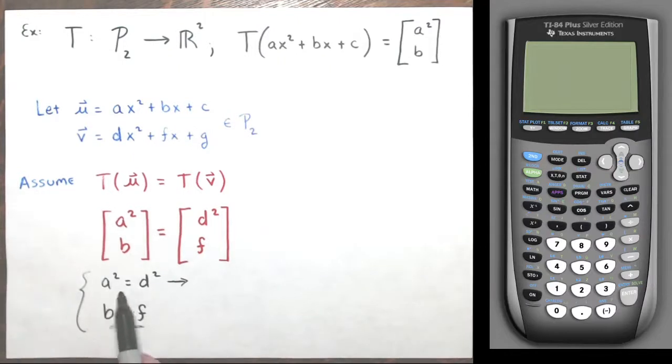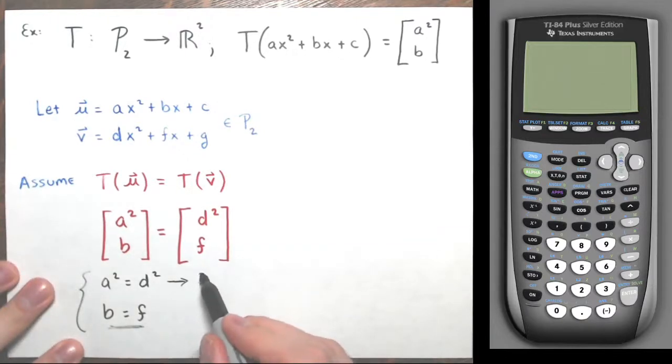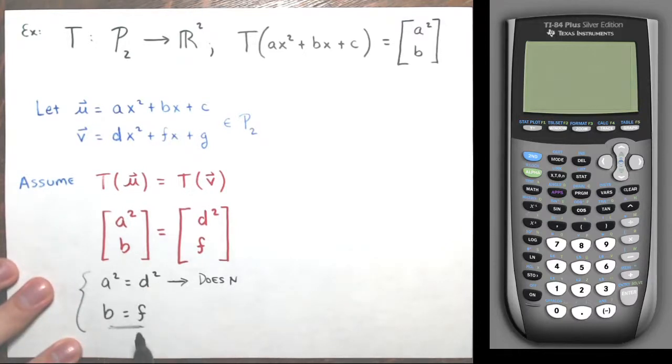If a squared is equal to d squared, does that mean that a and d have to be the same number? No, not necessarily. Now, if those were odd powers, a cubed equals d cubed, and we're talking about real numbers here, then a and d would have to be the same. But even powers are different. This does not imply that a has to be equal to d.